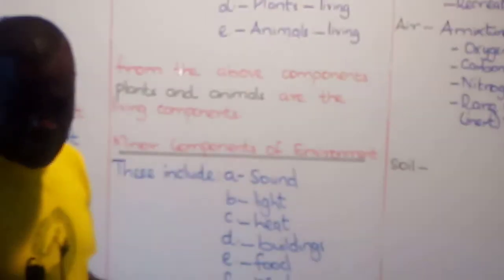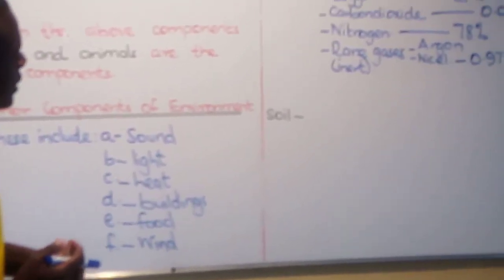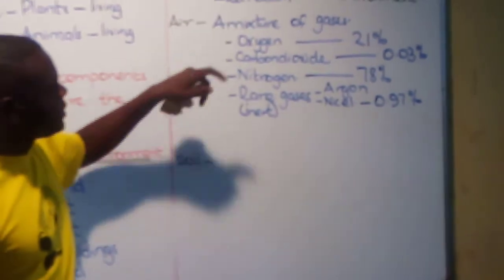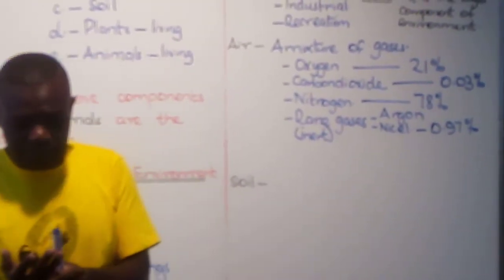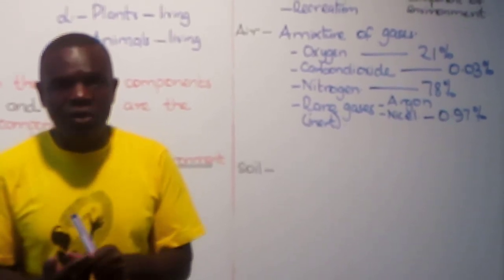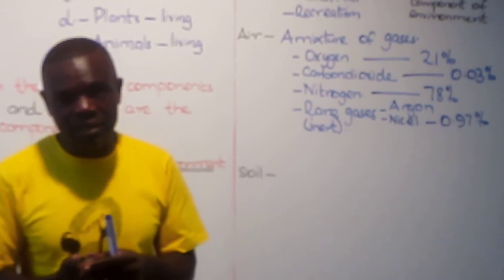I know air has a lot of importance. We've talked about carbon dioxide, we've talked about oxygen. Oxygen supports burning, supports life. Oxygen is needed in germination. Oxygen is needed in rusting. I hope you understand that.